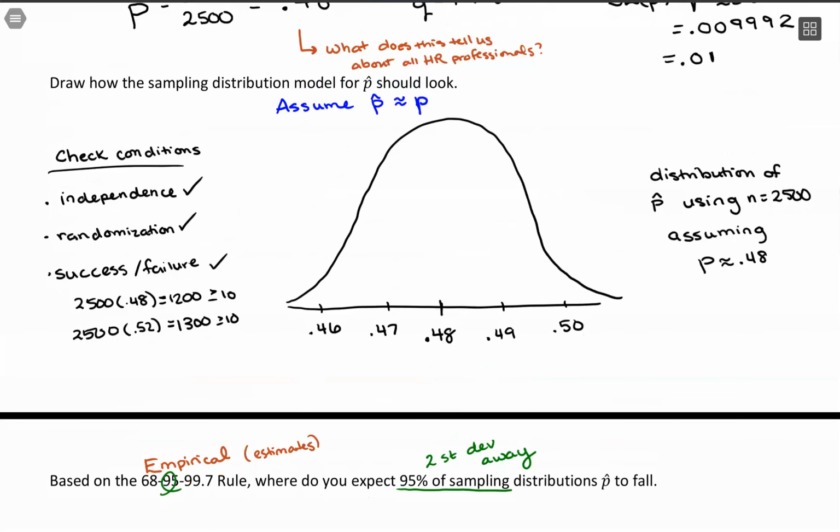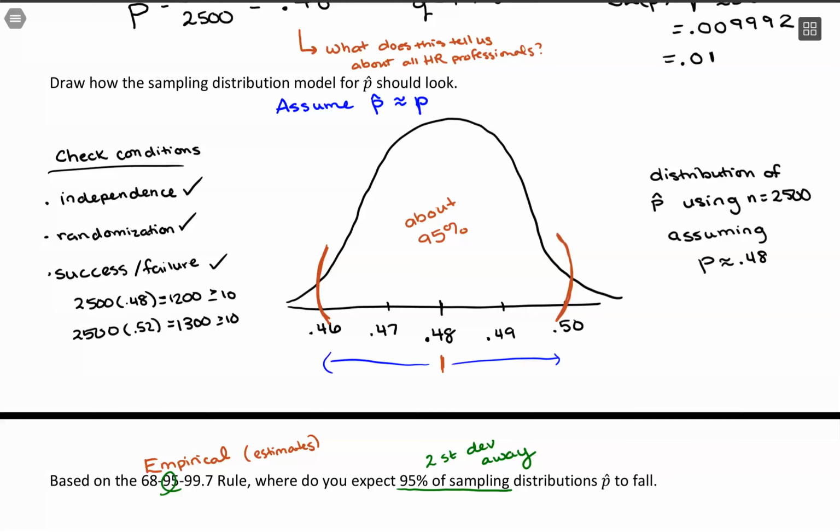So what I'm doing here is if I go 2 standard deviations, or in this case 2 standard errors below 0.48 and 2 standard errors above, that's going to capture about 95% of our sample values. So this is where we can start to see what I was talking about up above of having this starting point and then going above and going below.